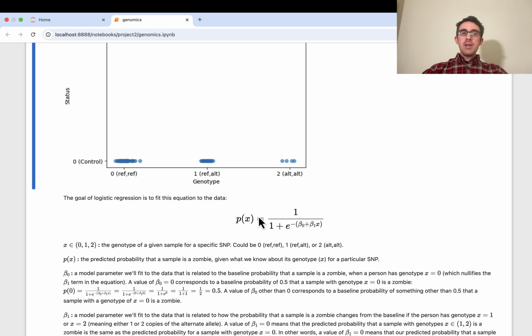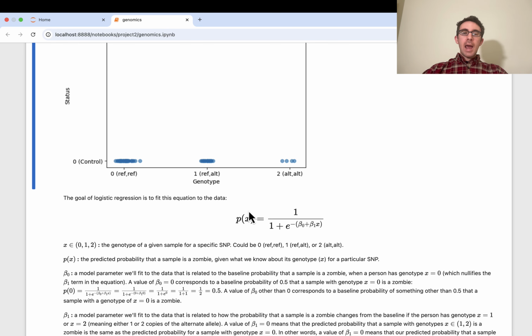And we're going to treat these 0, 1, and 2 numbers as actual numbers that we can plug into this equation and get something out of it. So for a particular sample, whether they have 0, 1, or 2 copies of the alternate allele, we're going to plug that into this equation and then get something out of it.